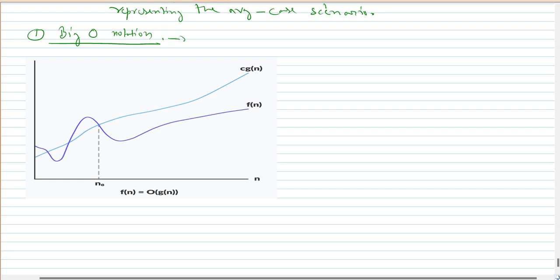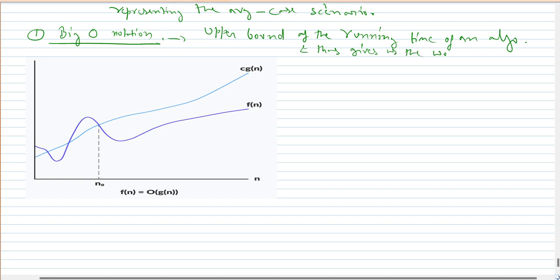Big O represents the upper bound of the running time of an algorithm, and thus gives us the worst case complexity.